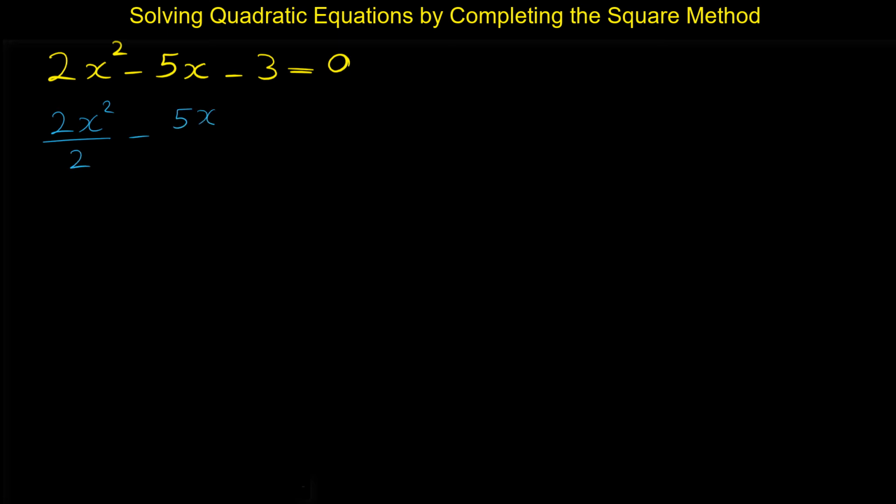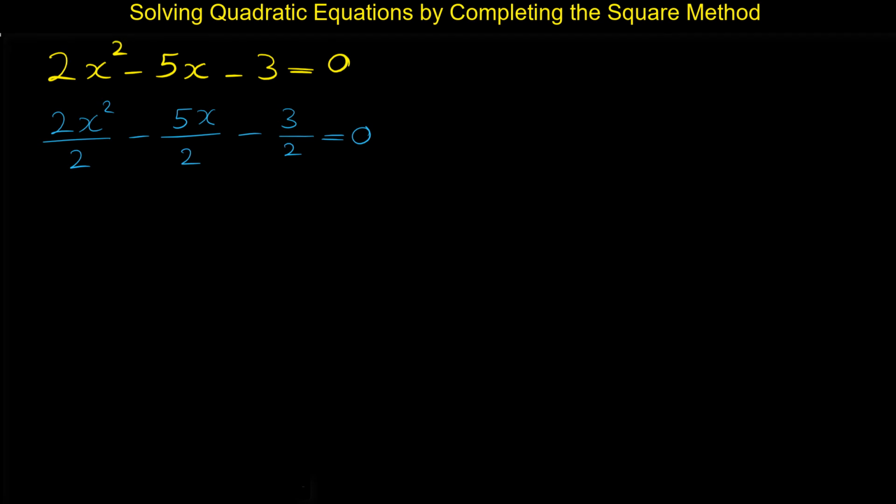So we have 2x² over 2 minus 5x over 2 minus 3 over 2 equals 0. Note that we also divide the right side of the equation by 2, but 0 over 2 is 0.